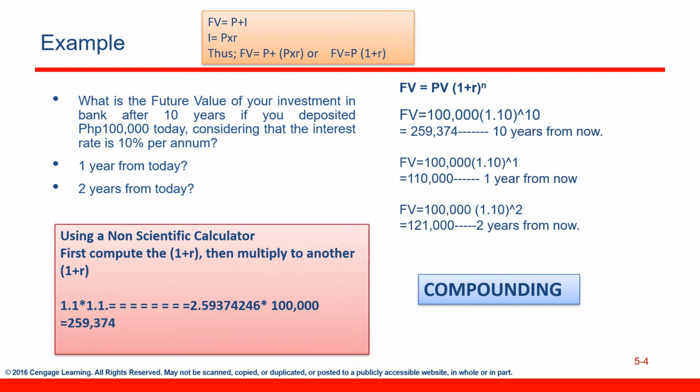So, you will put the formula of interest in the first formula. So, future value is equal to P plus P times R. And then, using your algebra, future value is equal to P times (1 plus R). So, this is basically the formula of our future value.